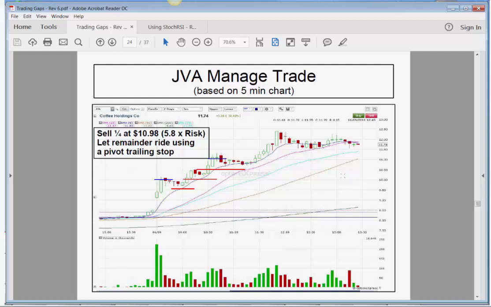All right, so the whole idea was that I got up to almost $11 on the next group up here, and you know what? I took a quarter off, so I sold 100 shares. So I'm now out 300, 200 at the first, and 100. The market's going lower, and I want to let the remainder ride, and I want to attempt to use a pivot trailing stop.